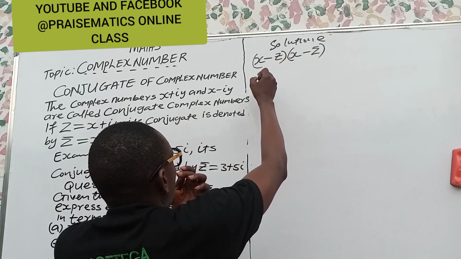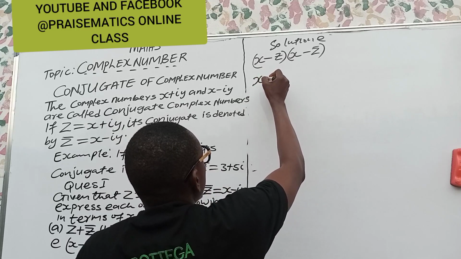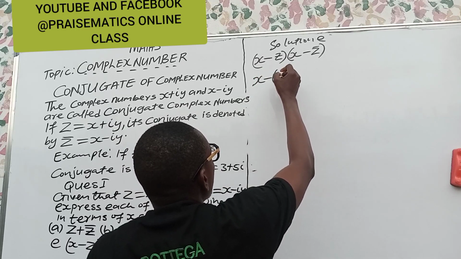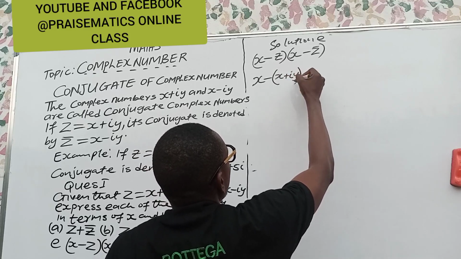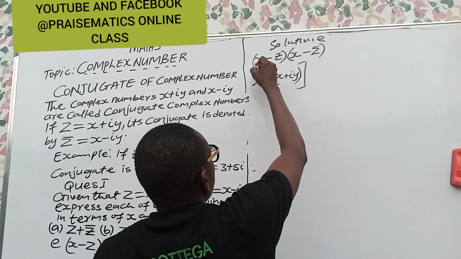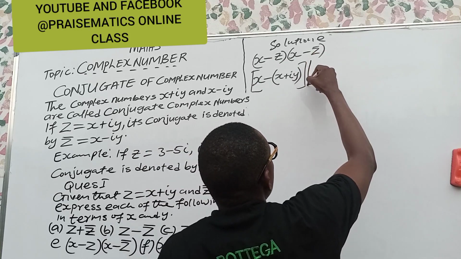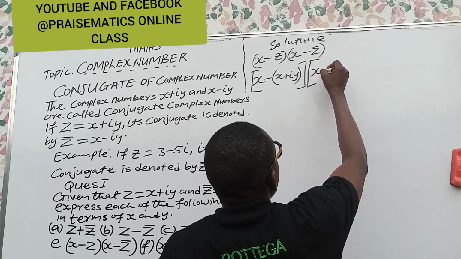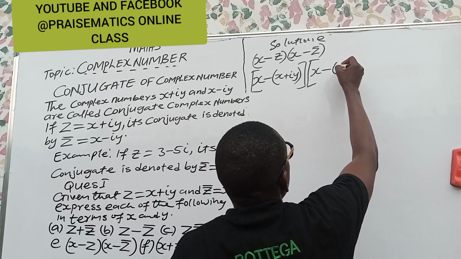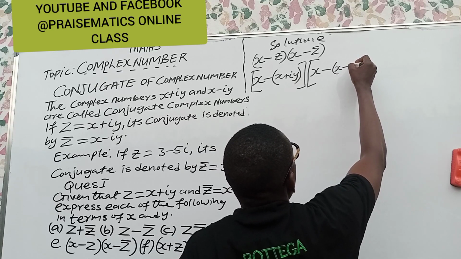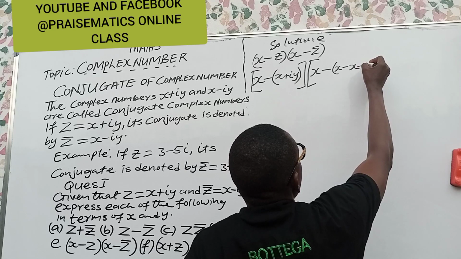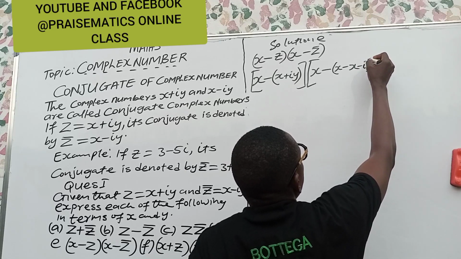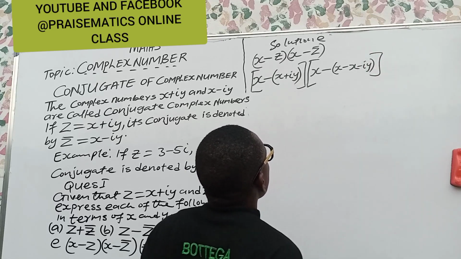Now this is the same thing as saying x minus, in bracket, z, which is x plus iy, close it. That is with the big bracket. Into another one, x minus, in bracket, x minus iy, close it.